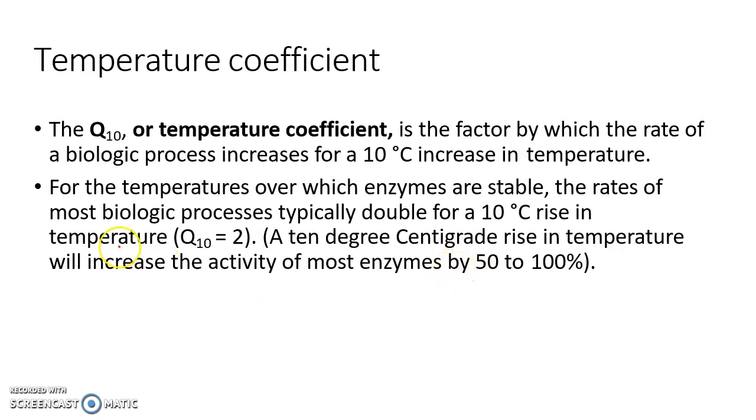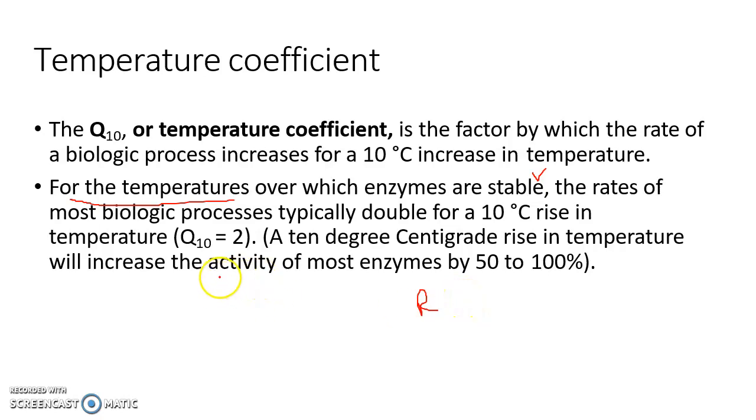Okay, look at this one. This is for the temperatures over which enzymes are stable. Some of the enzymes are stable at particular temperatures, and the rates of most biological processes typically double for every 10 degrees centigrade rise.